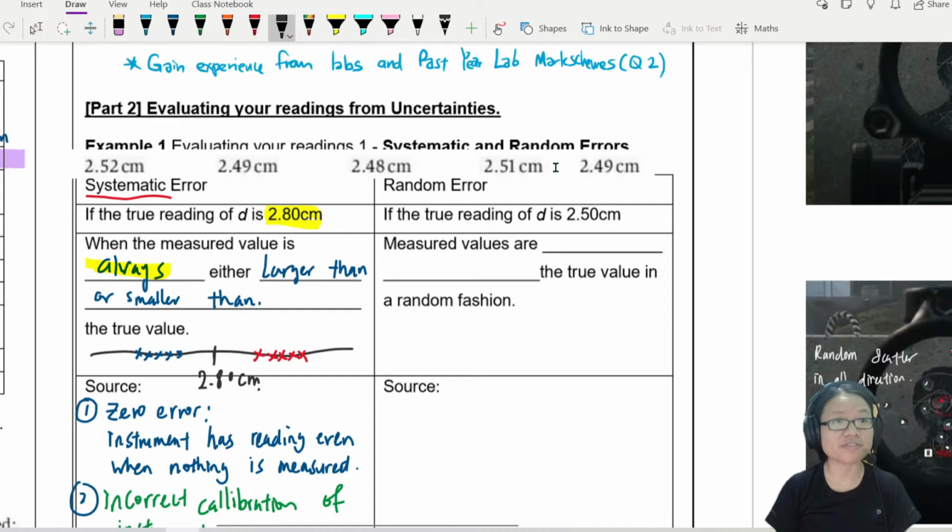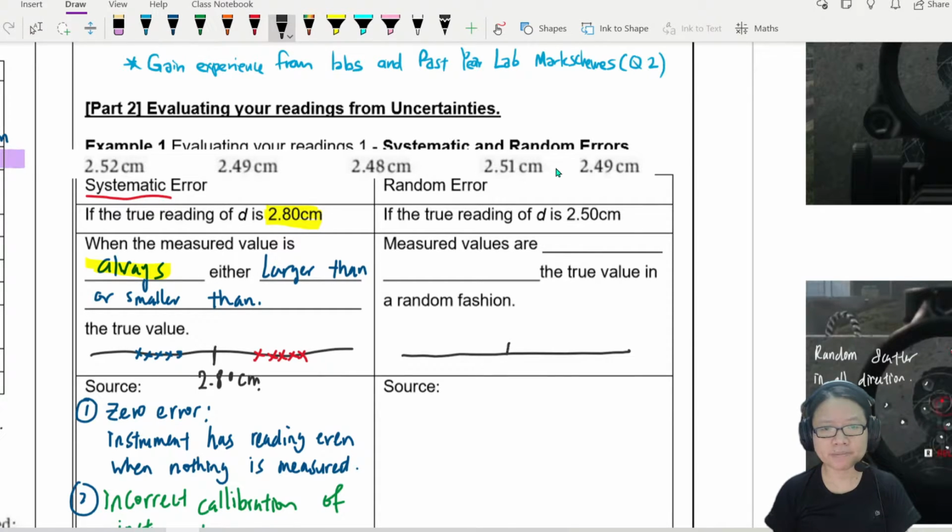In fact, if I were to draw the number line, this is 2.5. I get 2.52, 2.52 is here. I get 2.51, 2.51 is here. I get 2.49, 2.49 here and here, 2 times. And then I get 2.48.